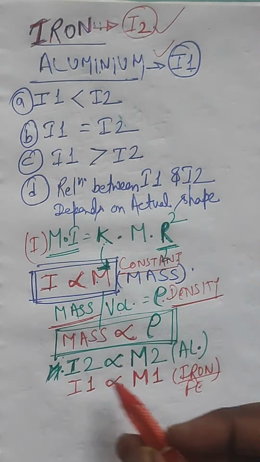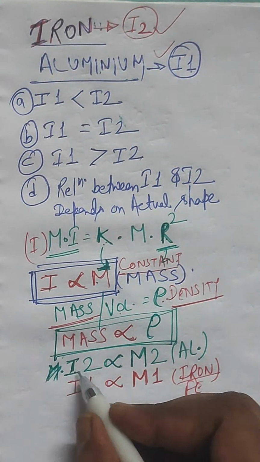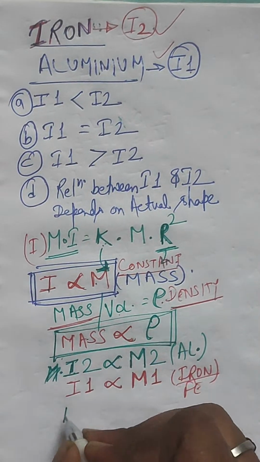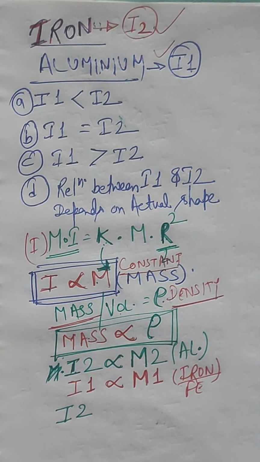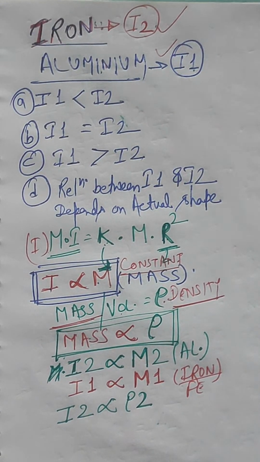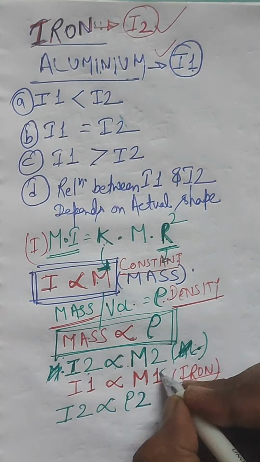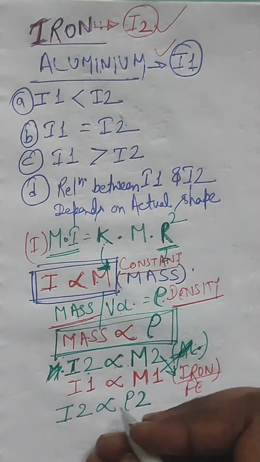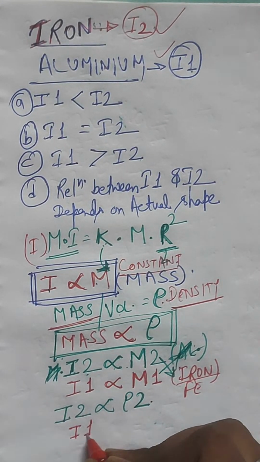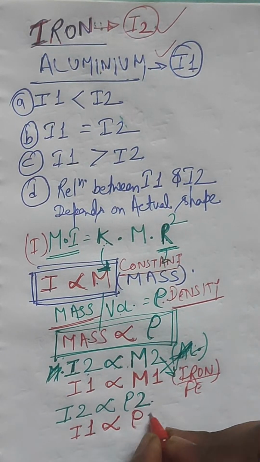Since I is directly proportional to M, and M is directly proportional to density, I2 is directly proportional to rho 2, and I1 is directly proportional to rho 1.